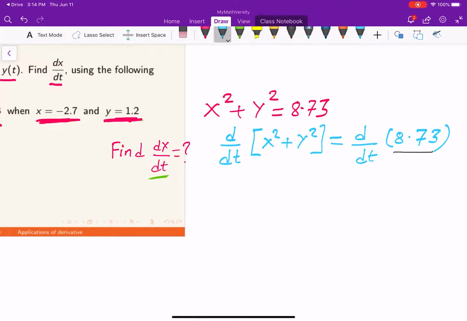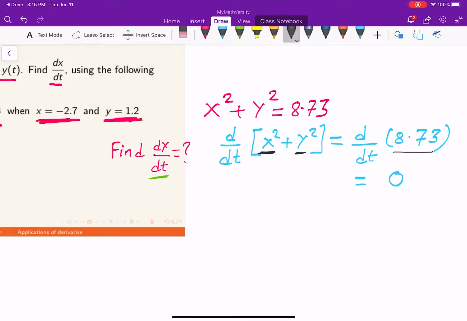So we can immediately write down that the derivative of that constant is 0. How do you find the derivative of x squared plus y squared? We use the sum rule. We find the derivative of x squared with respect to t, and we also find the derivative of y squared with respect to t, and just add the derivatives together.